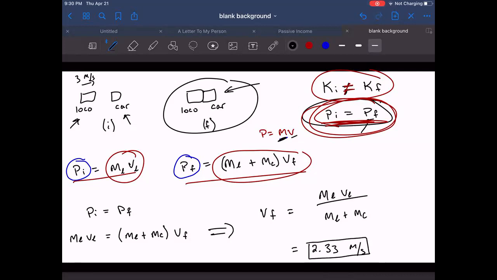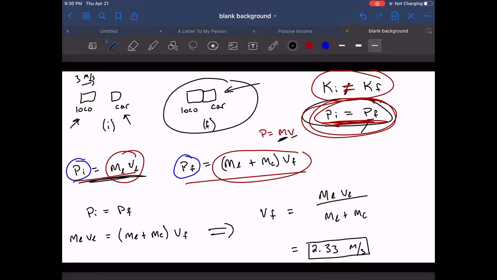Wait, okay, so for the first equation, it's VF equals ML MC. The first equation is PI equals the initial momentum of the system.